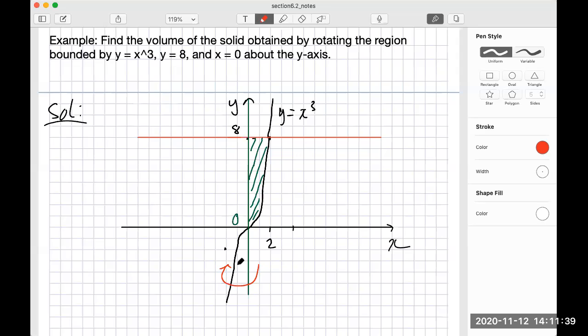Very good. So it means that at each position here, we need to determine the cross-section.